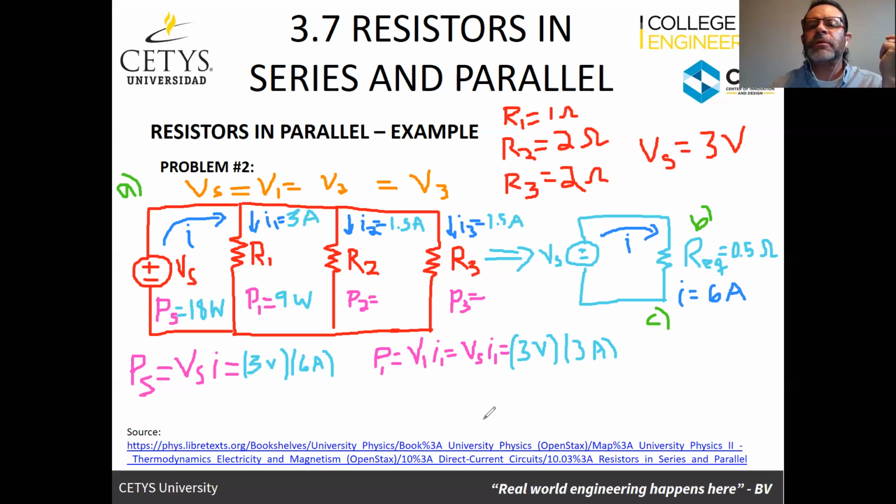I think it was Carmina who spoke, or Karen, who said 9/2, 4.5. 4.5, without having to do the calculations. Without having to do the calculations, we know that, and I'm going to do them anyway, but this would be 4.5 watts.